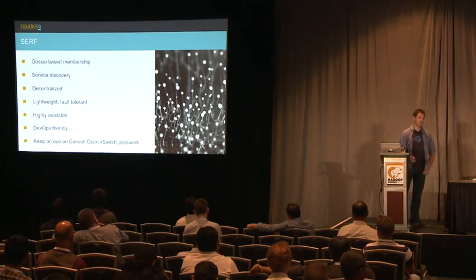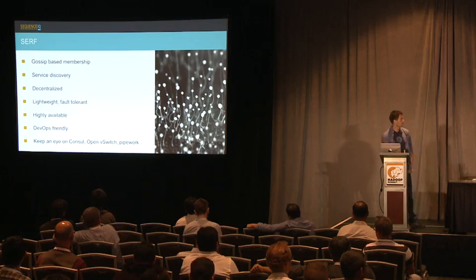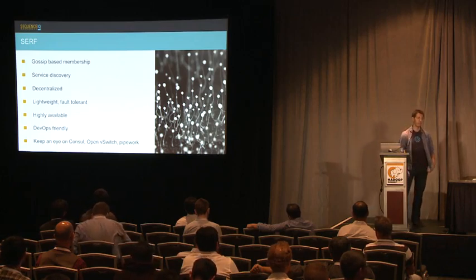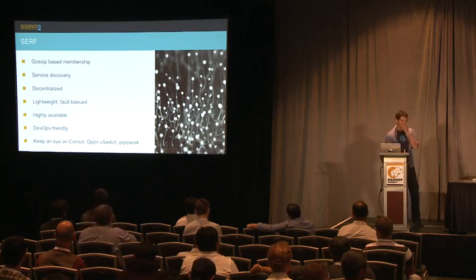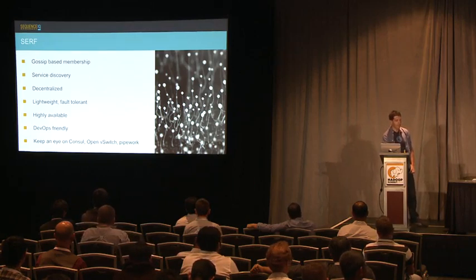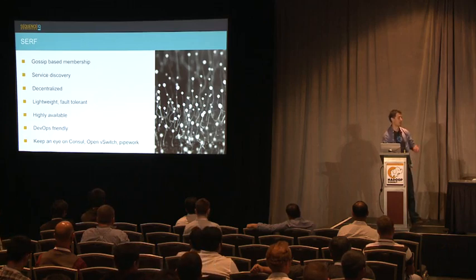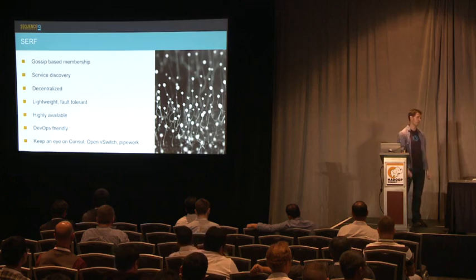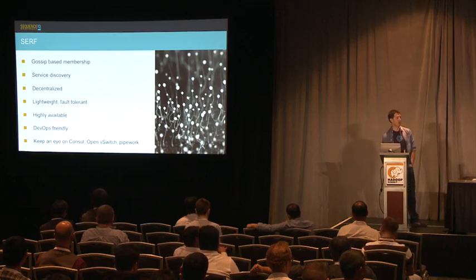Again, Serf is decentralized, so all agents on Serf are equal. The agent is pretty lightweight and highly available. It's DevOps friendly, which means that all the configuration for the Serf agent, for example the parameters on an event, are environment variables.